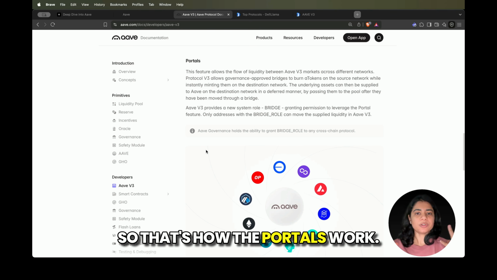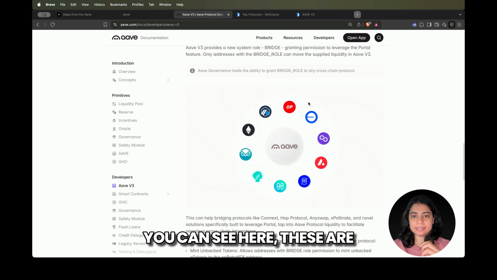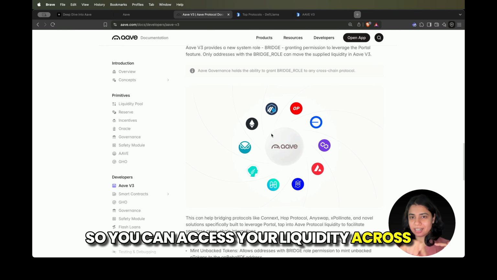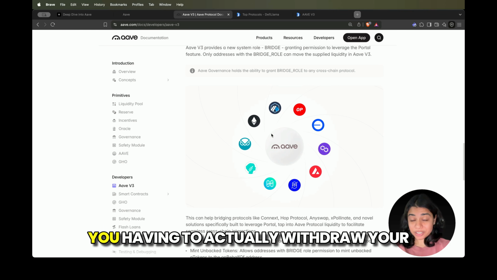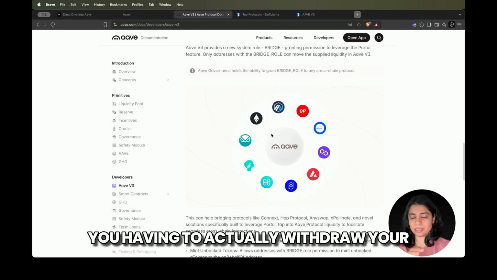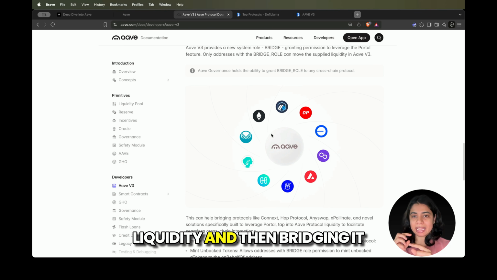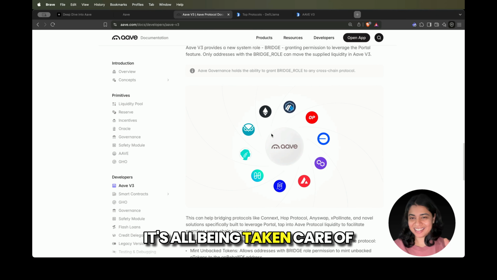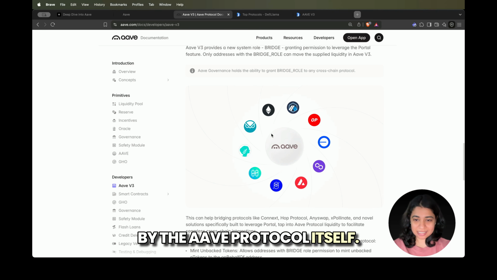That's how the portals work. As you can see here, these are the different chains Aave supports. So you can access your liquidity across different networks without having to withdraw your liquidity and then bridge it to another network manually. It's all taken care of by the Aave protocol itself.